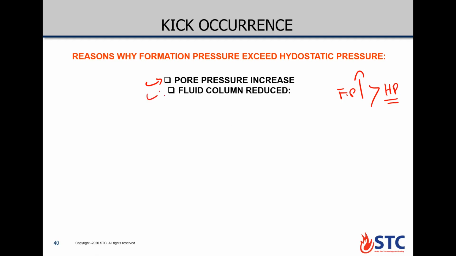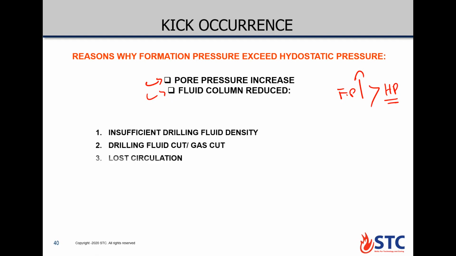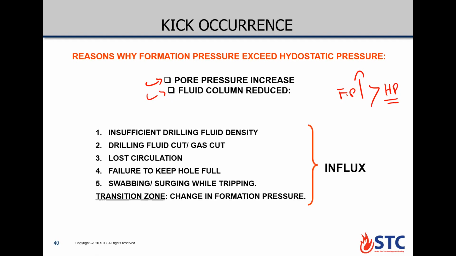The second part is the hydrostatic pressure itself, if the fluid column is reduced. Let's see some cases of influx. First one, insufficient drilling fluid density. For example, if we run the centrifuge too long, we remove more solids from the mud, so we dilute it, and the mud density will not be sufficient for use in the wellbore.